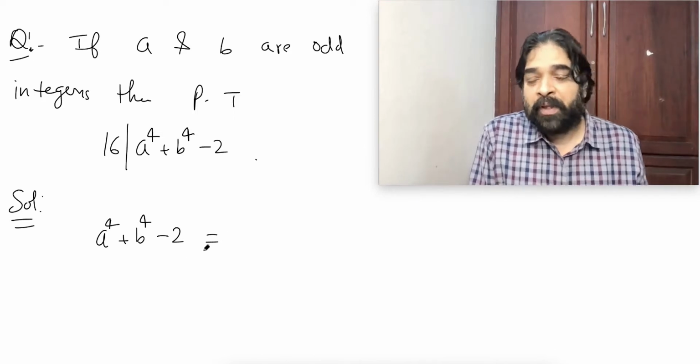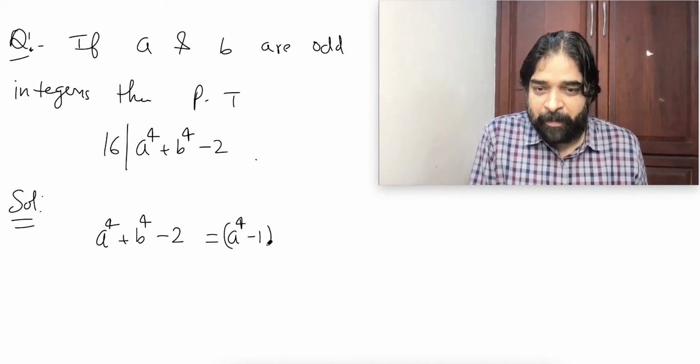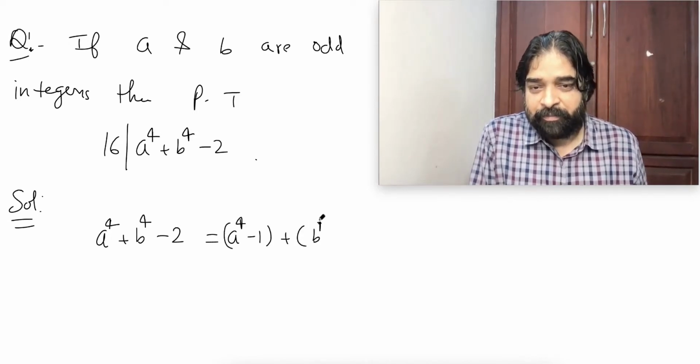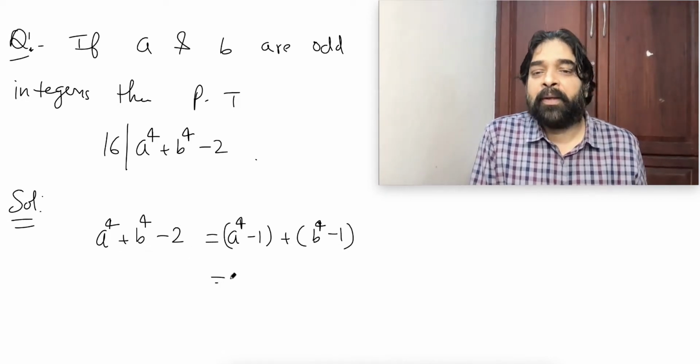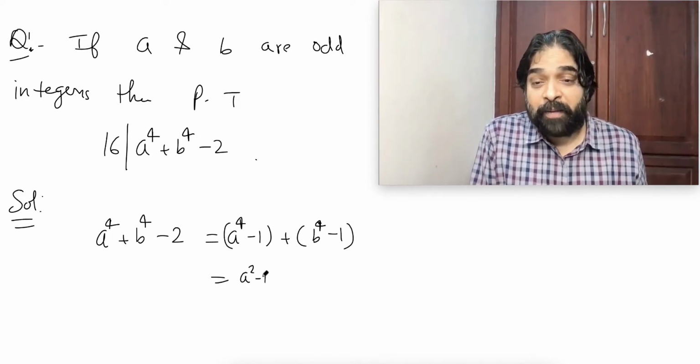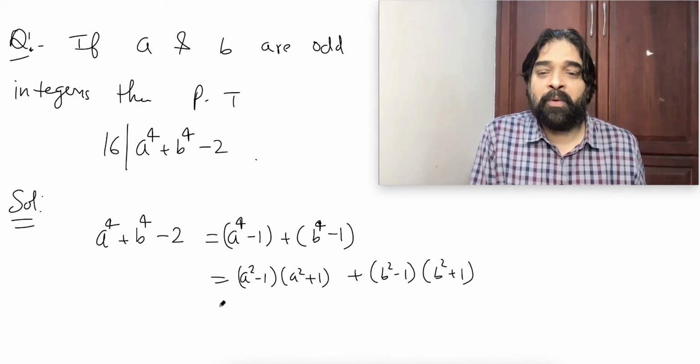Yes or no? How will I do it? We can write it this way. This minus 2, we spread. This, what can you write? (a square minus 1) into (a square plus 1). And this you can write as (b square minus 1) into (b square plus 1).